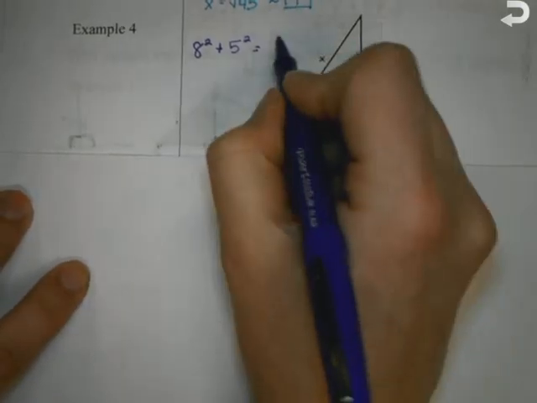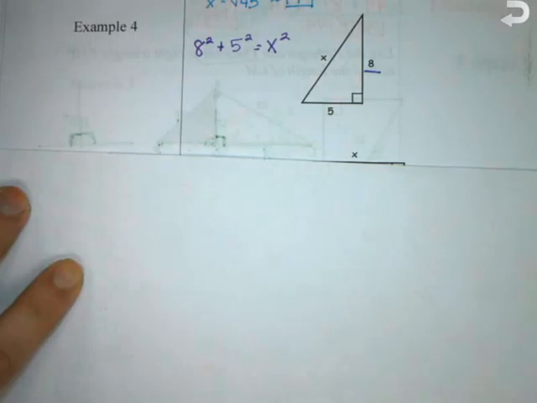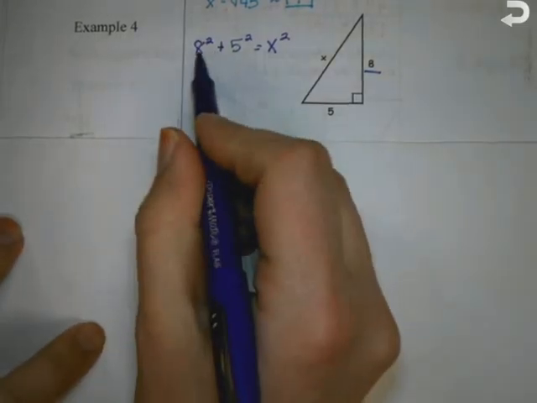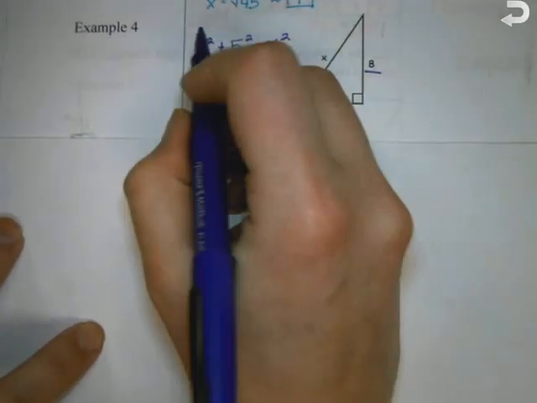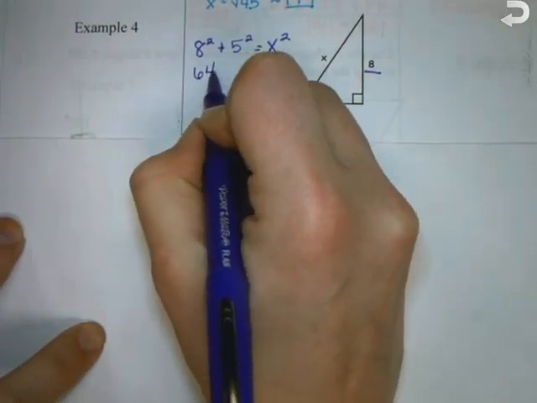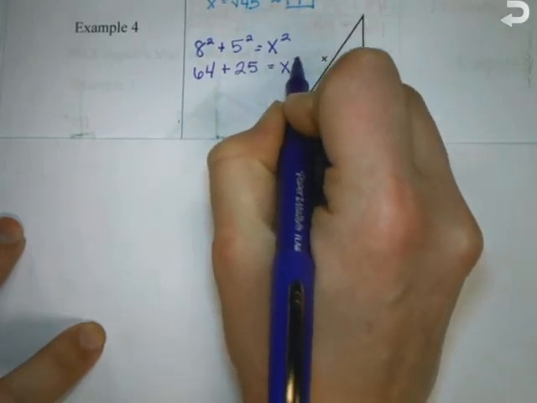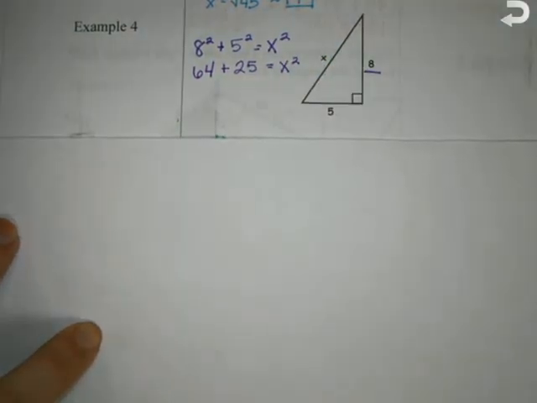Okay. What do I do next, Genevieve? I do the squares. Everybody, what is 8 squared? 64 plus, what's 5 squared? 25 equals x squared. Okay, Stephen, what's my next step? I add them, good.